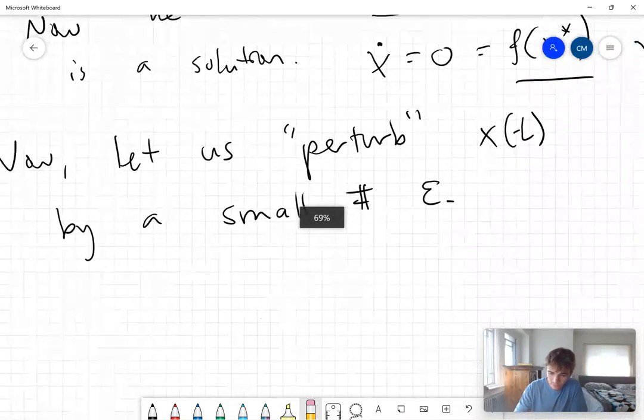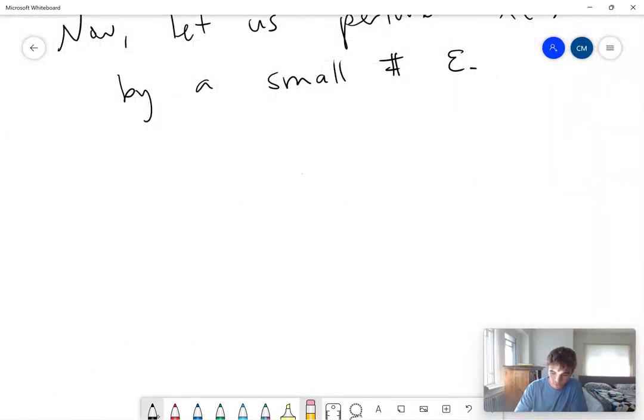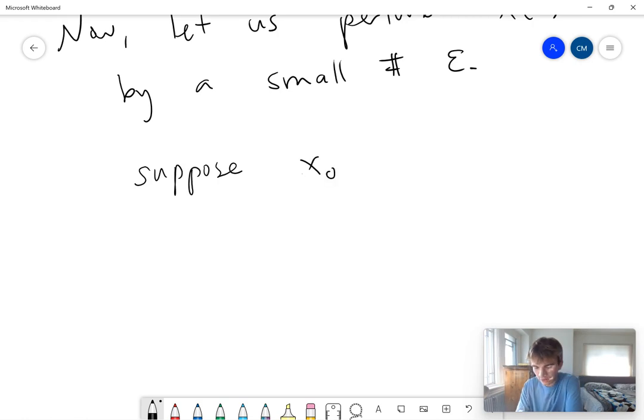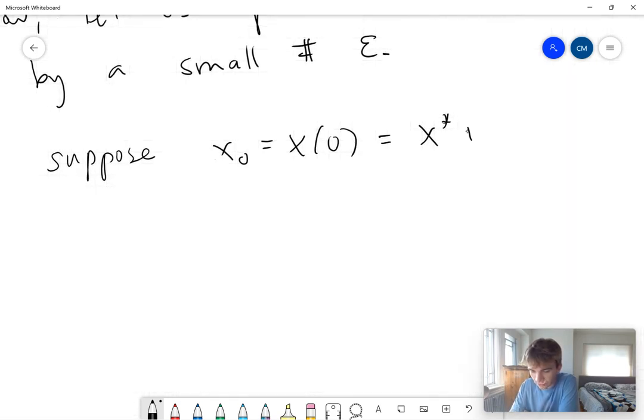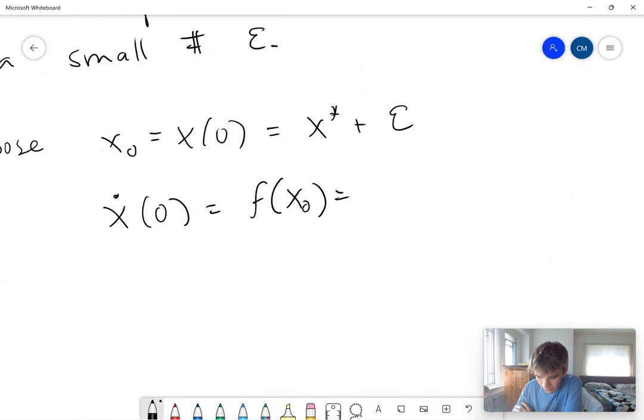Okay. All right. So suppose x naught, and x naught is just x at time 0, is equal to our fixed point plus the small number epsilon. Then we'll observe that x dot at 0 is precisely f of x naught, which is f of x star plus epsilon.